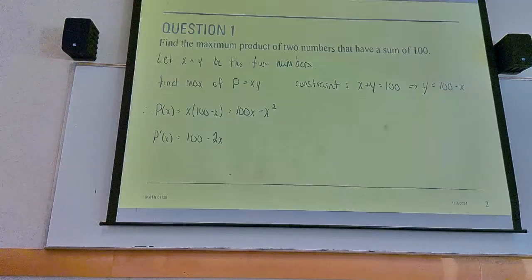So it's defined everywhere. Where else would critical points be? Where that function is equal to 0.